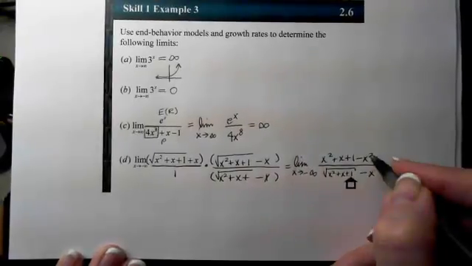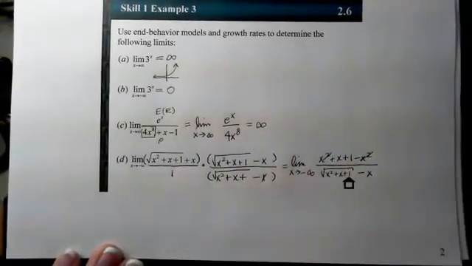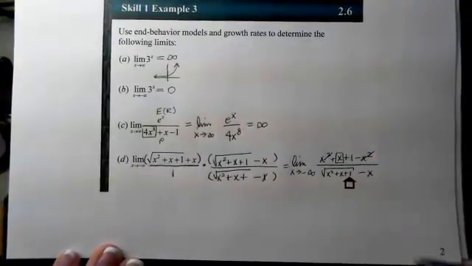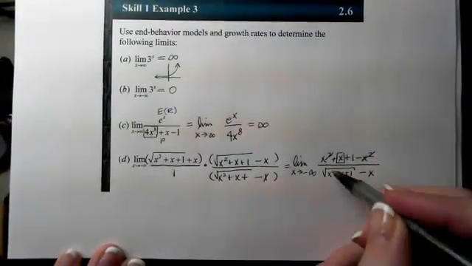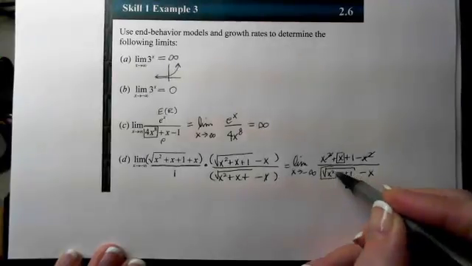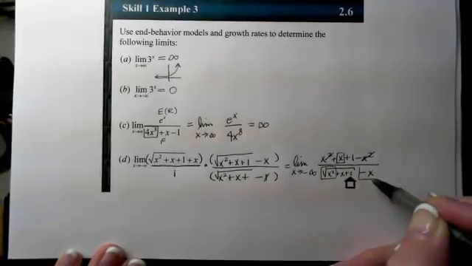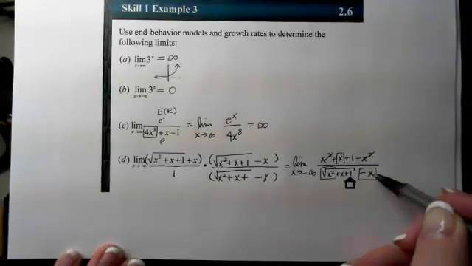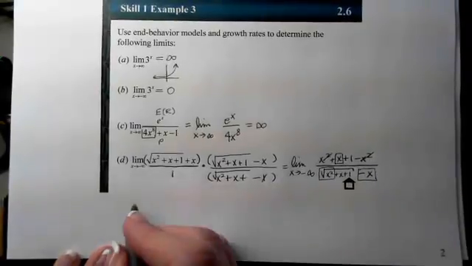Now notice on the top that the x squareds cancel. So now on top, my dominant term is going to be x. And on the bottom, my dominant terms will be this x squared in the square root and this other negative x. Notice both of these essentially have the same power, so they're equally powerful as we move to the left.